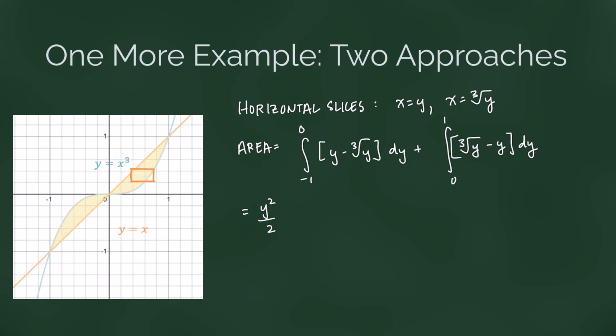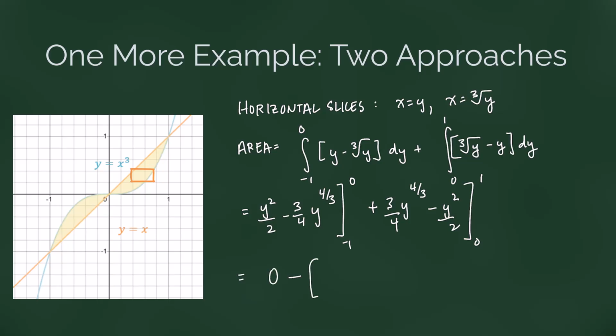Taking antiderivatives with respect to y, we get y squared over 2 minus 3/4 y to the 4/3, evaluated from negative 1 to 0, plus 3/4 of y to the 4/3 minus y squared over 2, evaluated from 0 to 1.